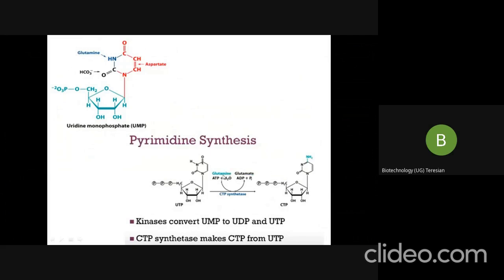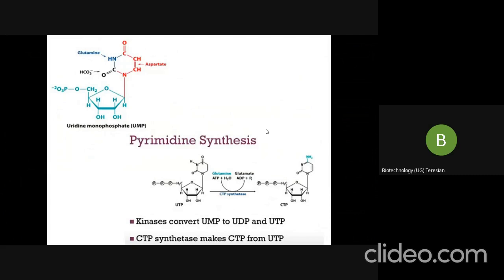The amine group of the glutamine has gone and attached onto this nitrogen base, and this forms the cytosine triphosphate. You can just compare the structure of these two here, the bases, and it utilizes a molecule of ATP and also water.